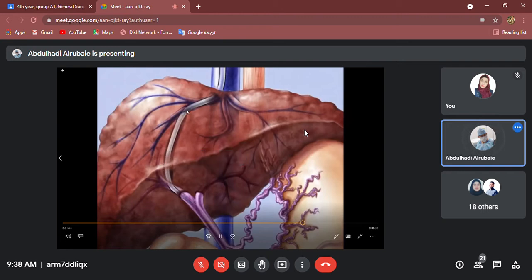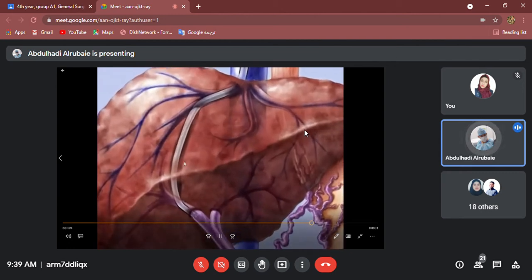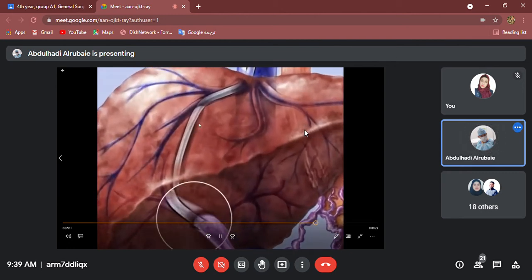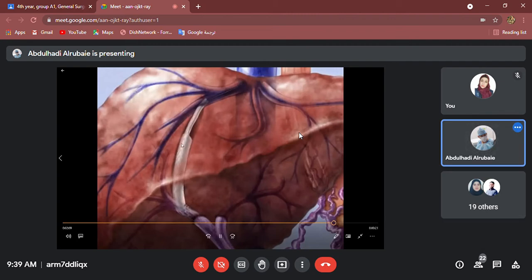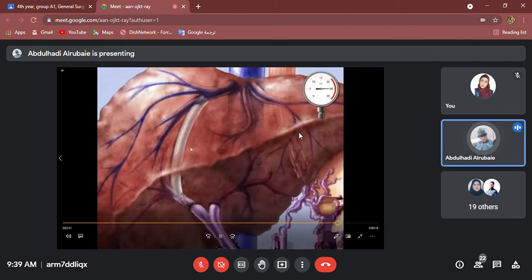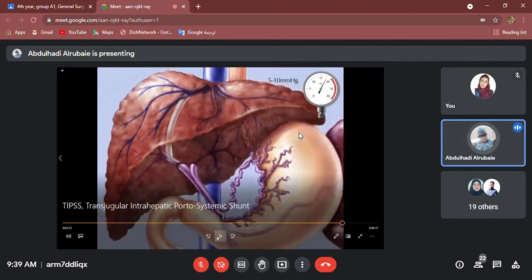and the sheath is advanced and the stent is introduced to open the tract between the portal vein and the hepatic vein.